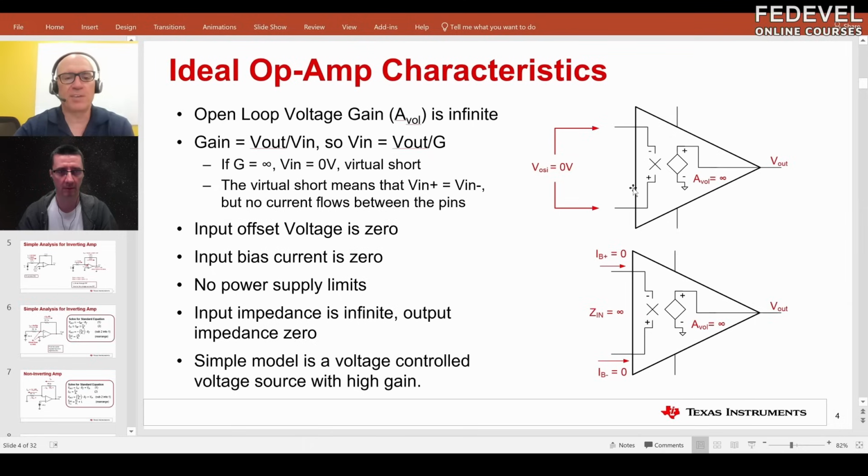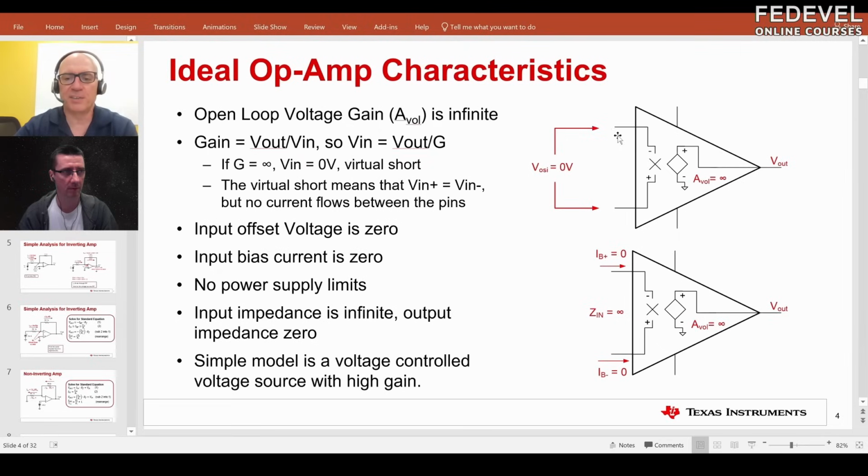But basically, if you think of the gain as being infinite, and you have some finite output signal, let's say it's 5 volts, but you divide that 5 volts by an extremely high gain, or basically an infinite gain, the differential input becomes 0. That 0 differential input, if you've done a little study on op amps before, is what we call the virtual short.